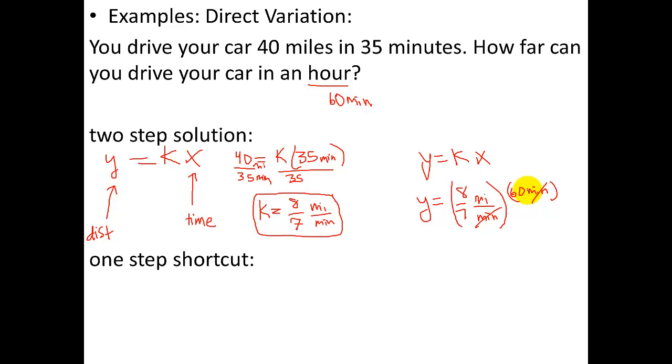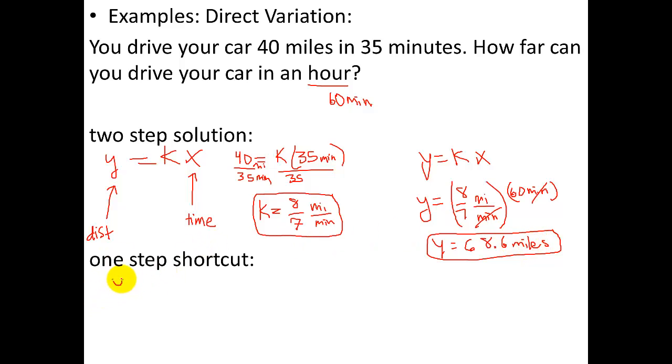So we can do 8/7 times 60, then we get y equals 68.6 miles. Okay, so we can solve it and get the distance, and it makes sense. If you go 40 miles in a little over half an hour, you could go 68 miles in 1 hour. So that's how fast you're going, 68 miles in 1 hour.